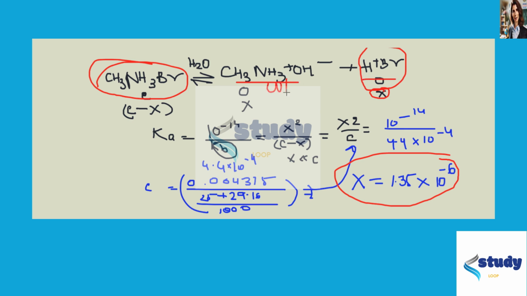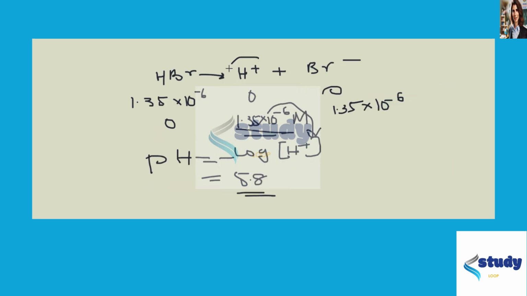A weak base and a strong acid. This will not ionize. This will ionize. And when it ionizes, it will give off H plus ions, which will make the solution acidic. So at your neutralization point, you will have an acidic solution. So having a pH of less than 7 makes sense.